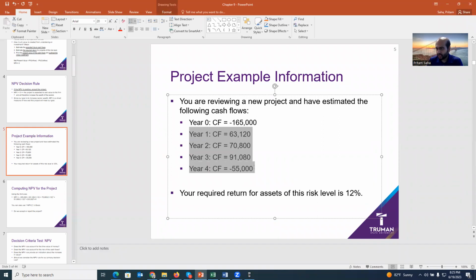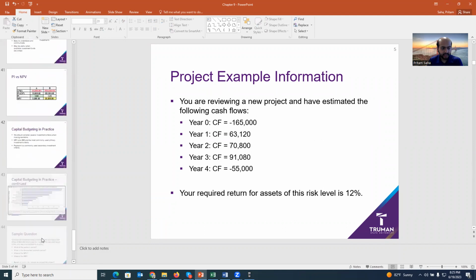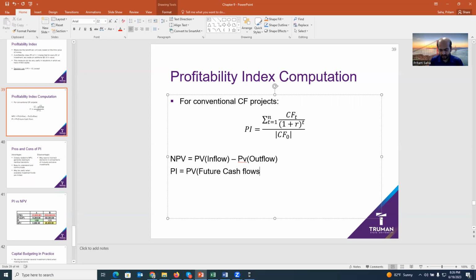So discount all the future cash flow to today, and then divide by the absolute value of cash outflow today. If I rewrite it in terms of NPV basis, PI is present value of inflows, or present value of future cash flows, divided by the absolute value of cash flow today.